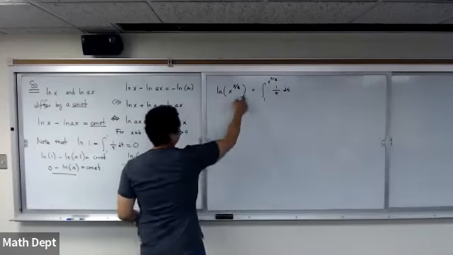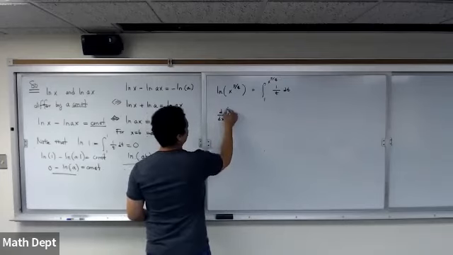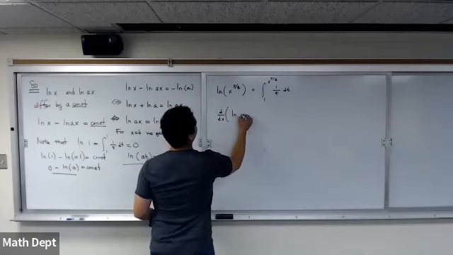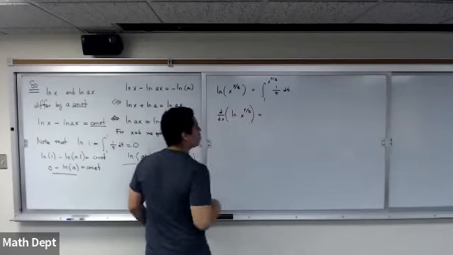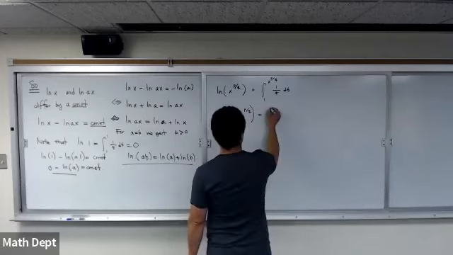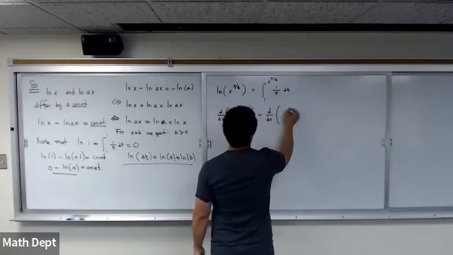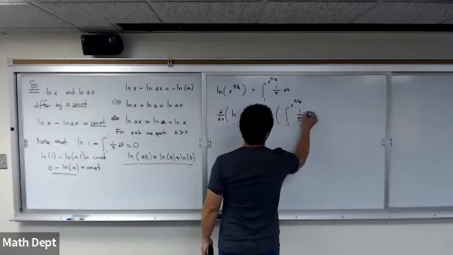Well, let's take the derivative of this. This is d dx of ln of x to the p over q. And well, this results into the following. This would be d dx of the integral from 1 up to x to the p over q, 1 over t dt.